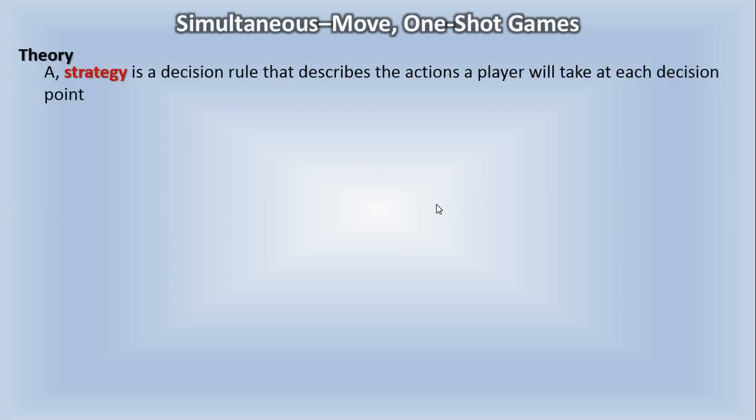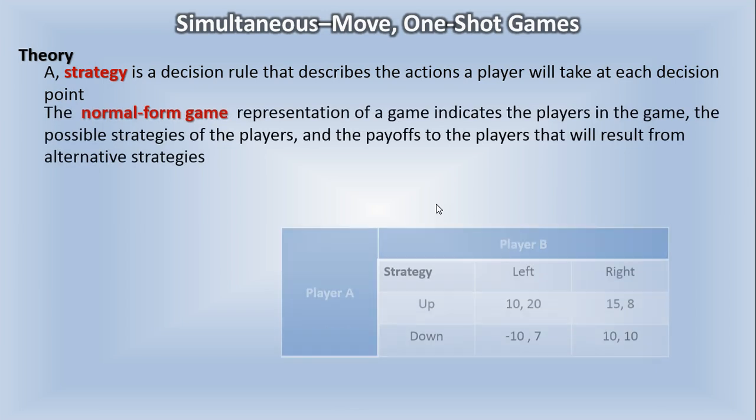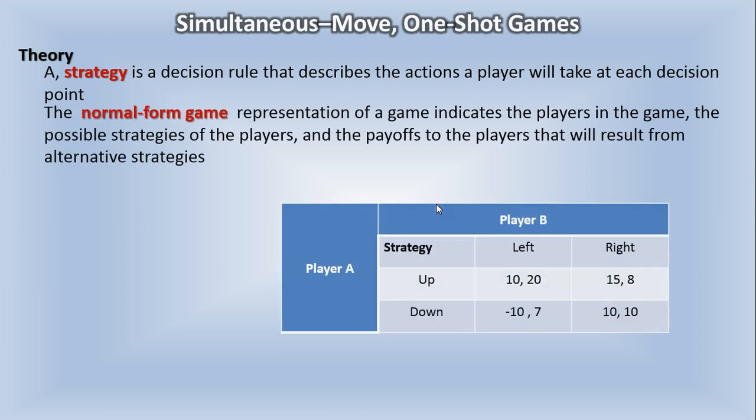All right, so again, a strategy is a decision rule that describes the actions a player will take at each decision point. So when the players are making the moves simultaneously, so you have a simultaneous move game, the game can be represented as a table, and that has a name. It's called the normal form representation of the game.